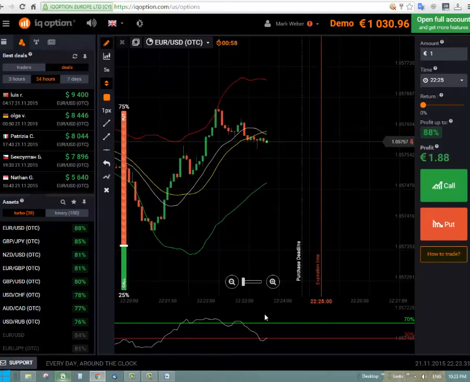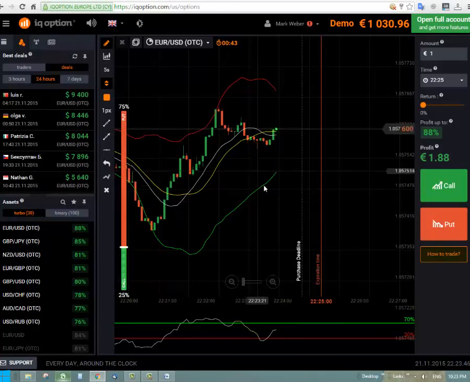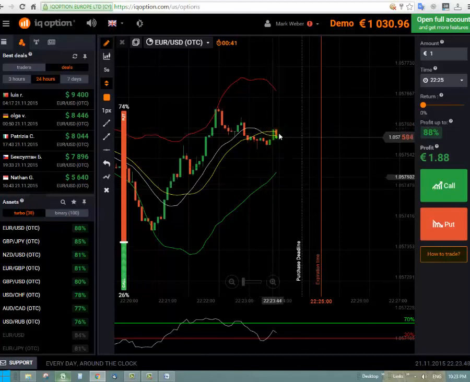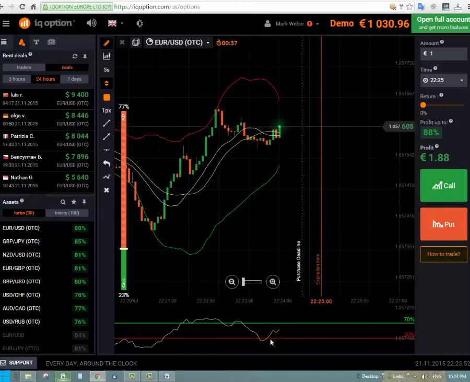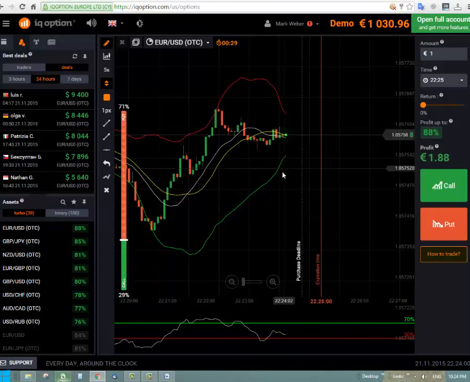And the best thing about this strategy is to monitor if the price hits the top line and the RSI indicator is above the green line, above the 70% line, or if the price is on the bottom line and the RSI indicator is on the red line or below the red line. These are signs for an entry point.